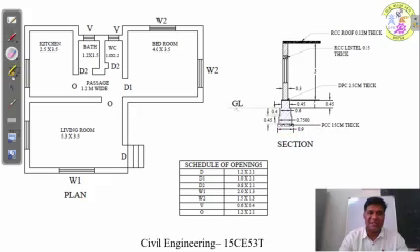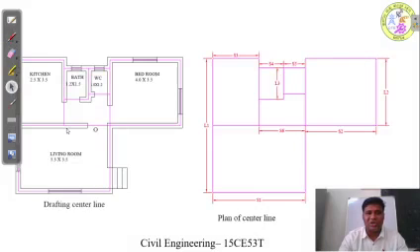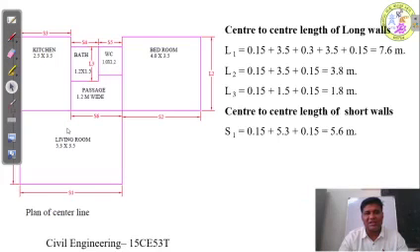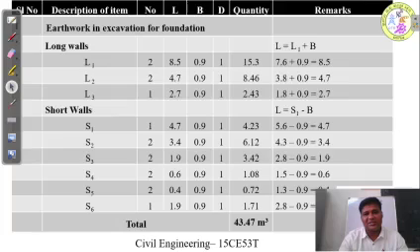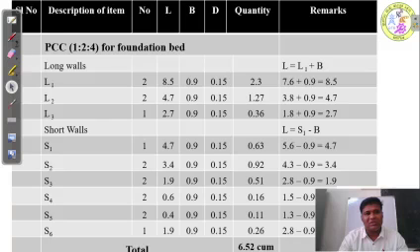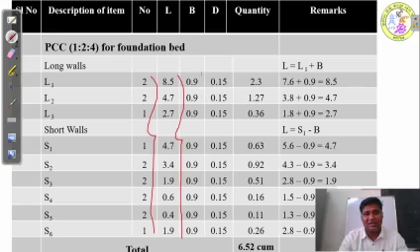Since the breadth is same, the short wall length and the long wall length and the numbers of all the walls will be same, so these columns will remain the same, since the numbers, the length, and the width are same.